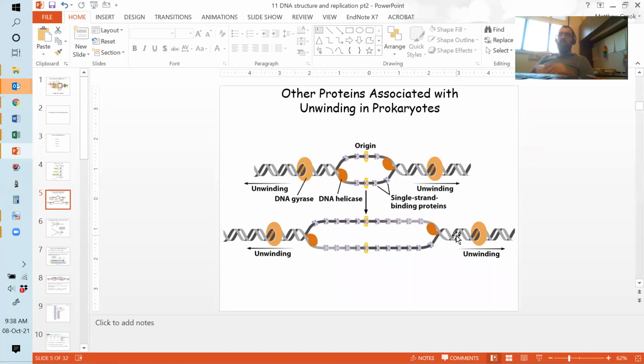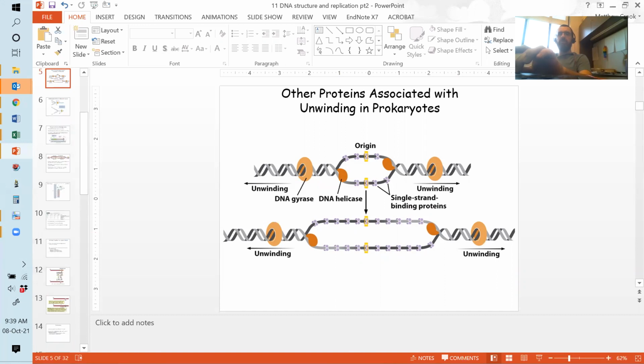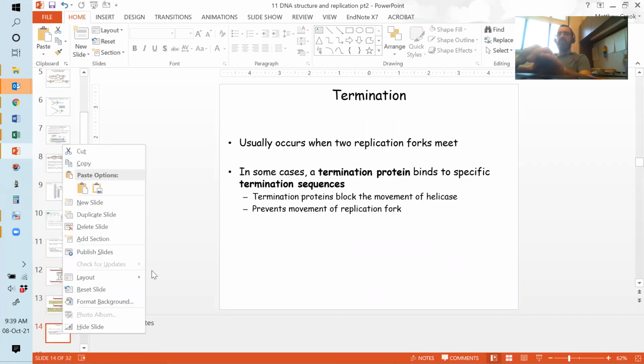If it's a eukaryote, those replication forks move outwards from the origin of replication until they hit other replication forks moving towards them from other replication origins. Sometimes though you do get actual termination proteins. That's fairly rare though.